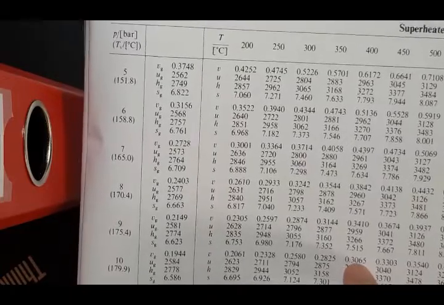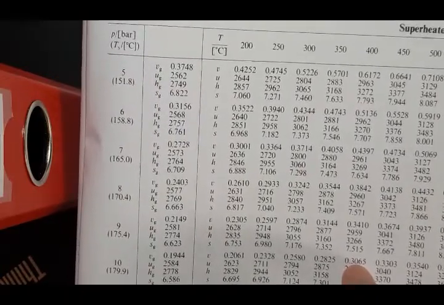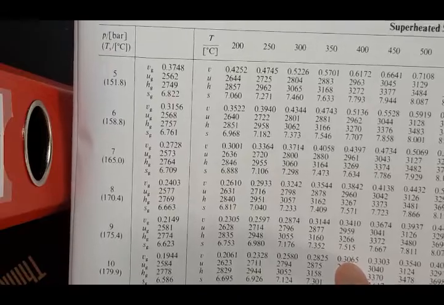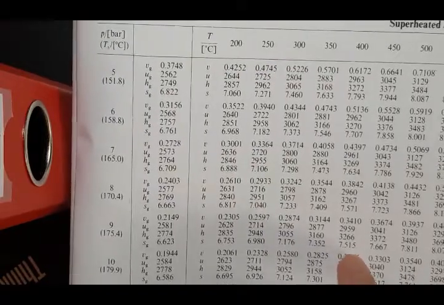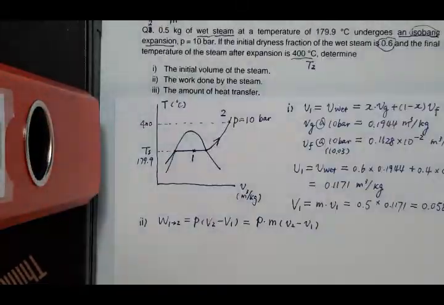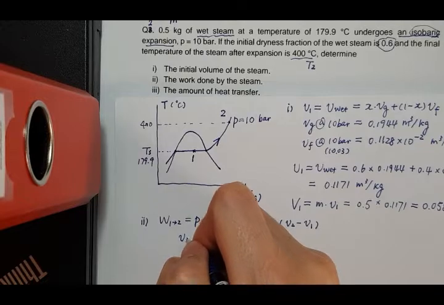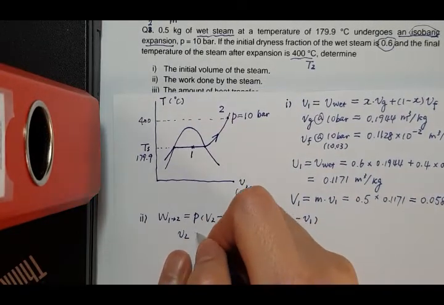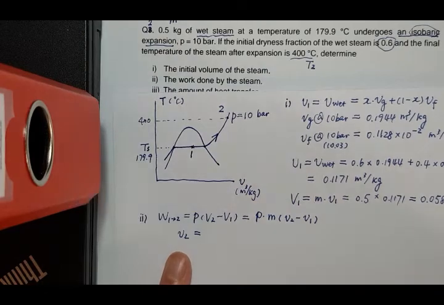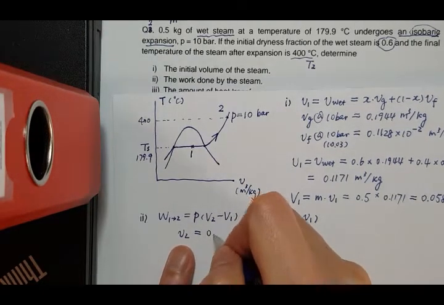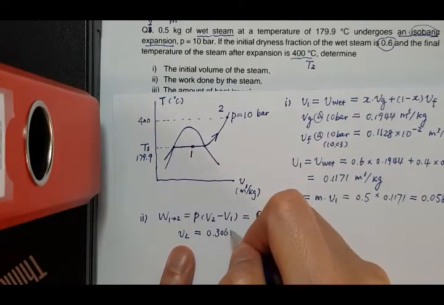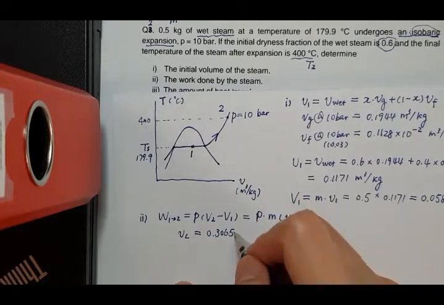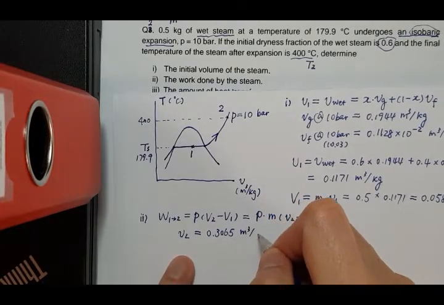The first value is v, 0.3065 cubic meter per kilogram. So now we already found that v2 is superheated vapor, and from the steam table we found v2 is 0.3065 cubic meter per kilogram.